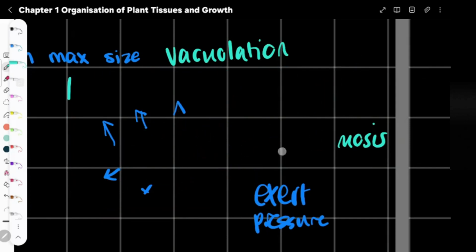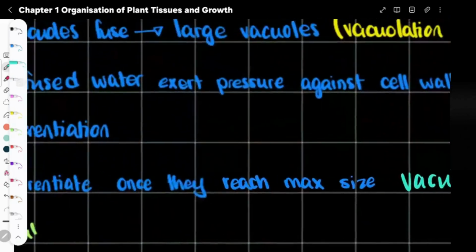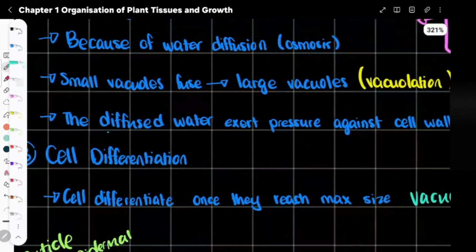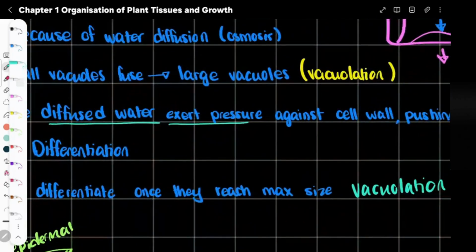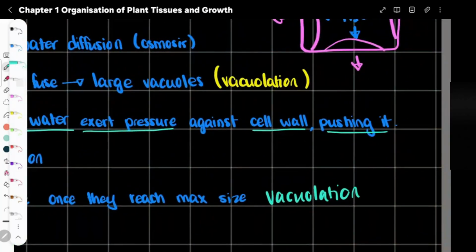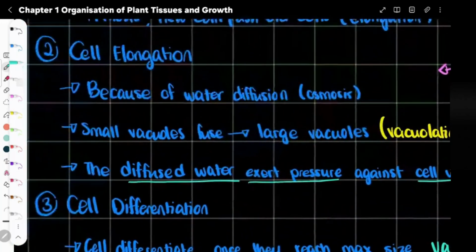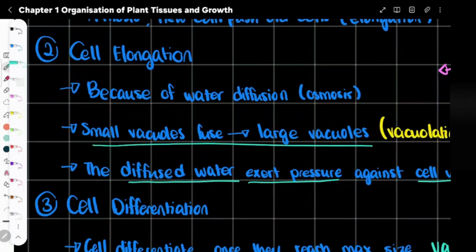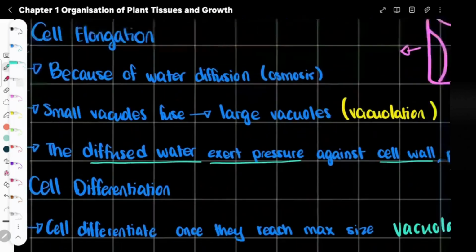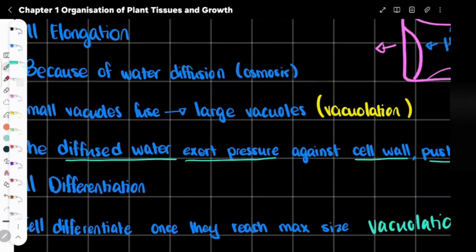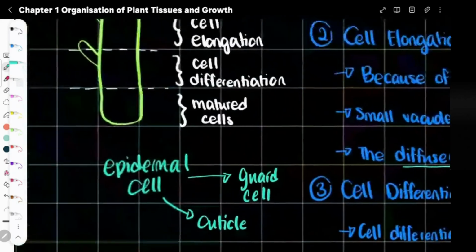So the key point here: if they ask you to explain cell elongation, the key point is that the diffused water exerts pressure against the cell wall, pushing it. That's the key word here. Do you need to mention the vacuoles? You can, but this is the main thing that makes it elongate. Now cell differentiation, the last part.